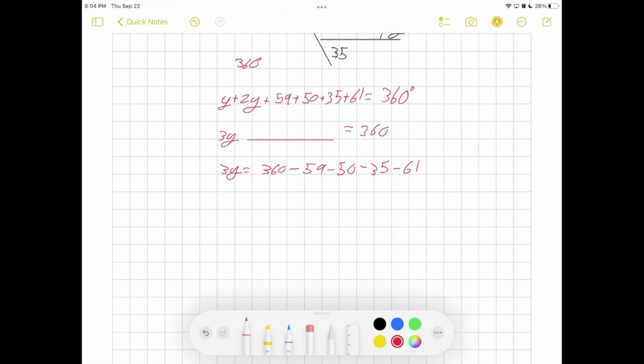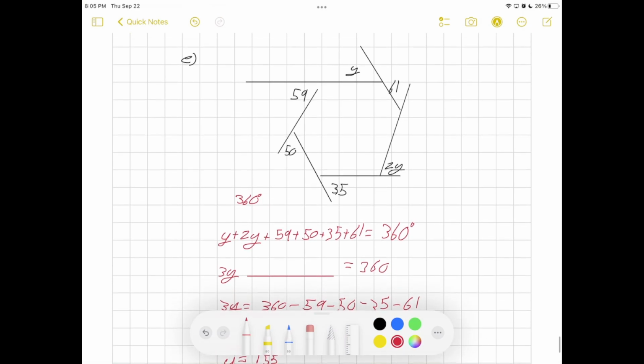Now if we subtract everything together, we get 155. So 3y is equal to 155. Now, in order to find y, we bring the 3 to the other side, and since it's getting multiplied, we divide it. So 155 divided by 3, and the answer we get is y is equal to 51.6. So that's how you solve E.